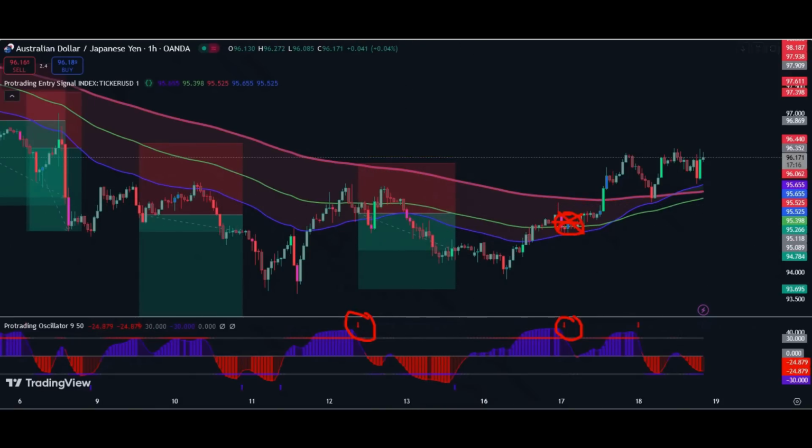So if at this point we are risking 20 pips, our target will be 30 pips. If our take profit is not reached and we get an opposite signal, we exit the market to reassess and see if the market is going to give us a new signal.